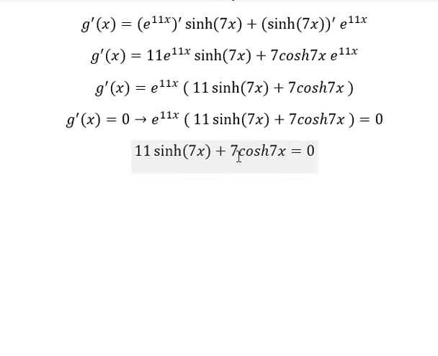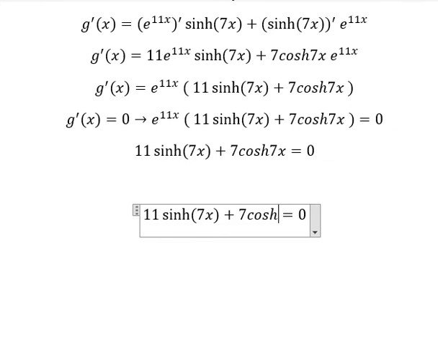Next, I will put this one to the right, and we have negative 7 cos 7x. Later, we divide both sides by cos 7x and 11.